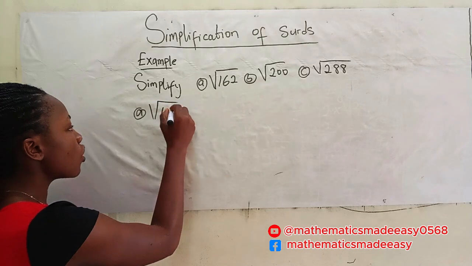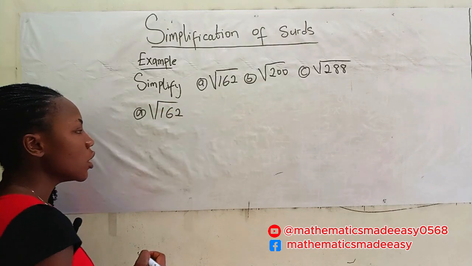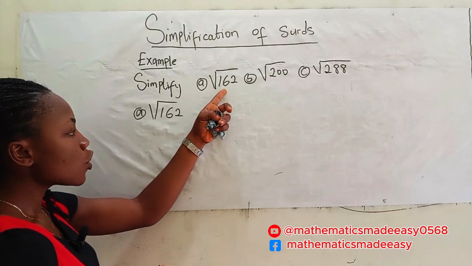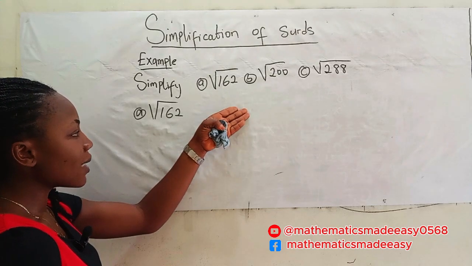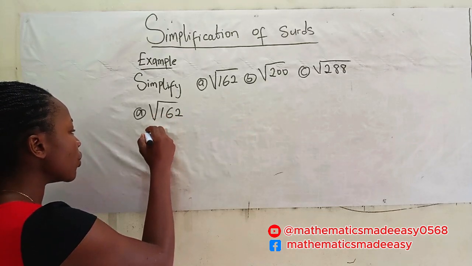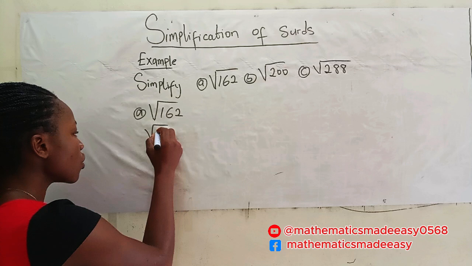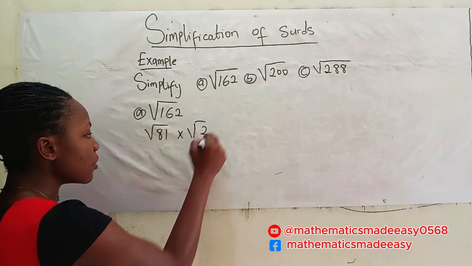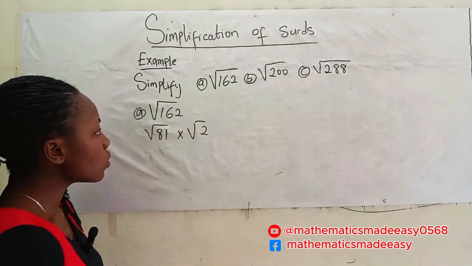The square root of 162. The factors of this, where one is a perfect square, are going to be root 81 times root 2.